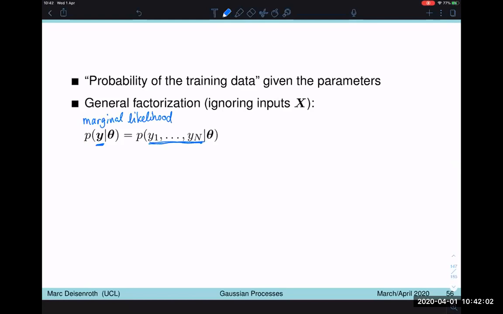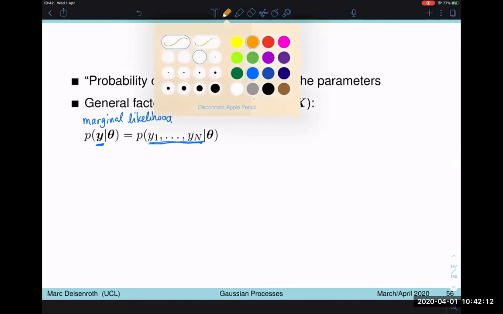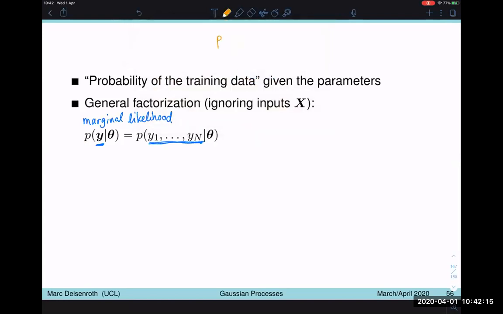What we can do now is factorize this. If you remember from one of your introductory courses, I can write a joint distribution P of A comma B as P of A given B times P of B.